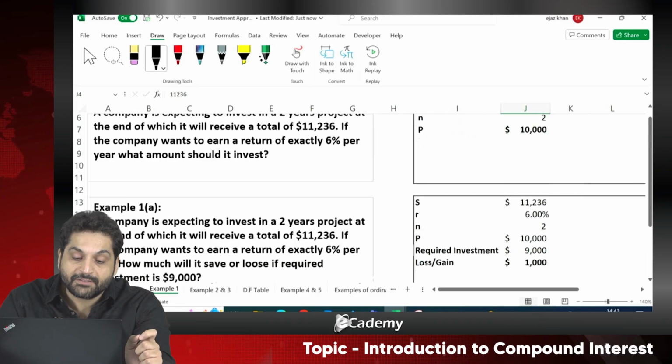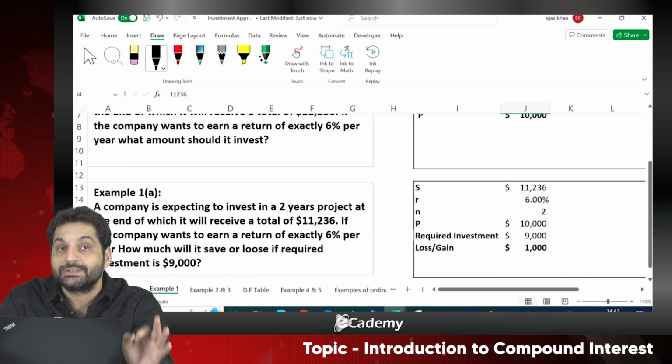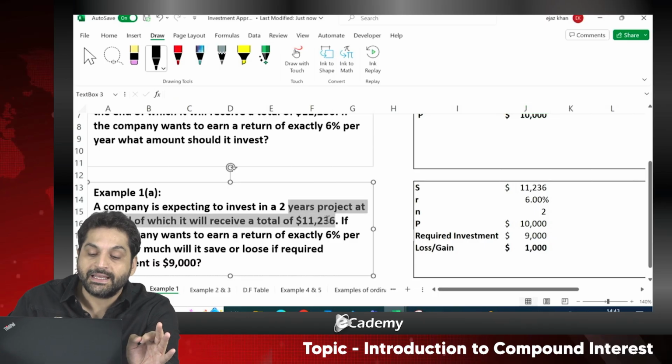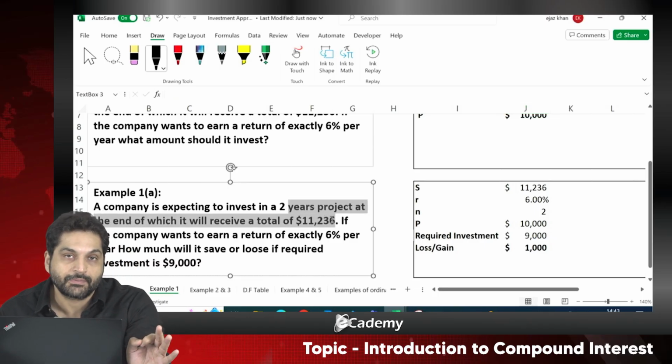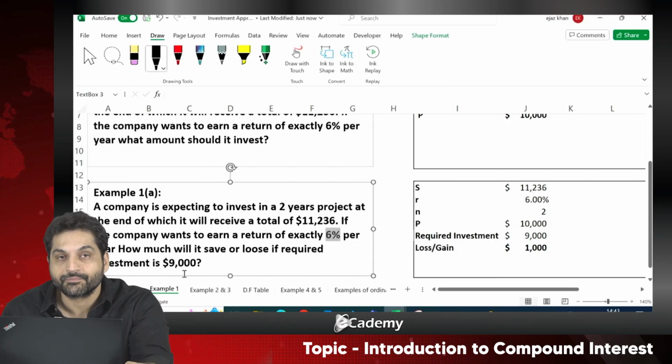But what the next part of the question says is that, let's say the required investment is $9,000, not 10,000. The required investment is 9,000, and they will still be giving us 11,236 in 2 years' time. Now, in case the company needs a return of 6% and the required investment is 9,000, how much will it save?